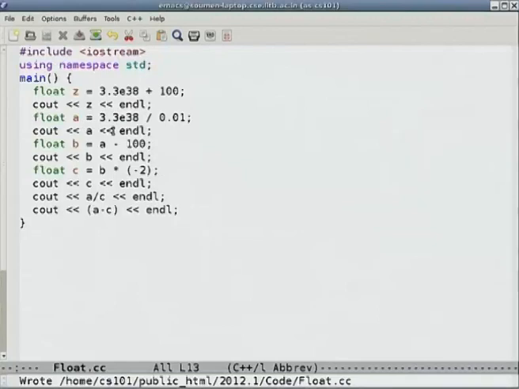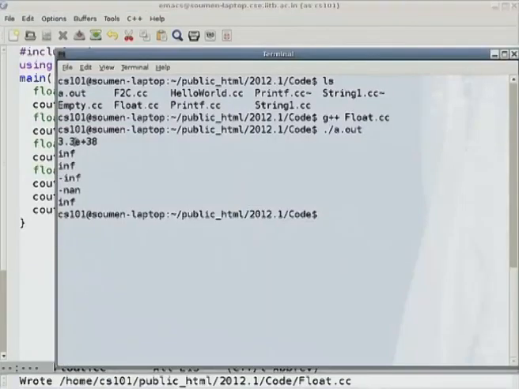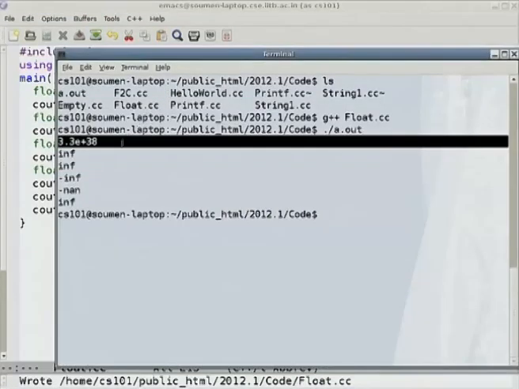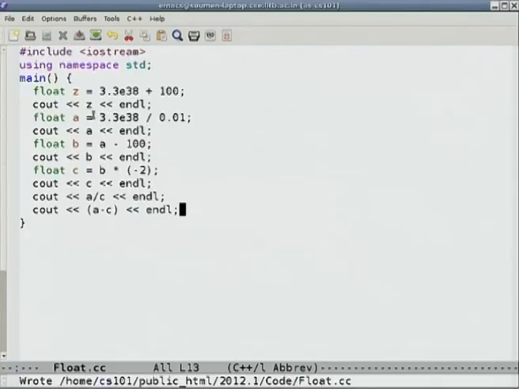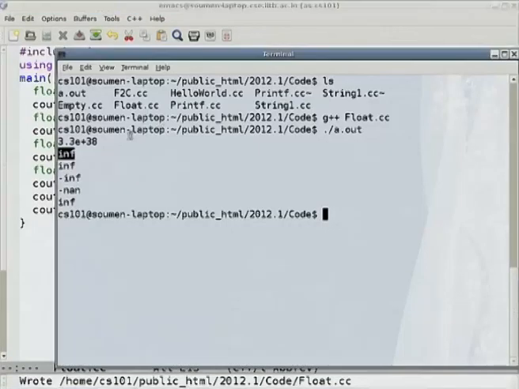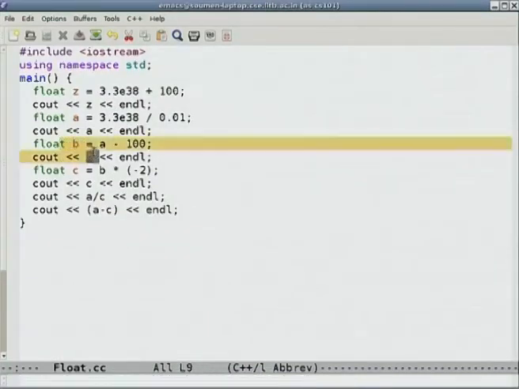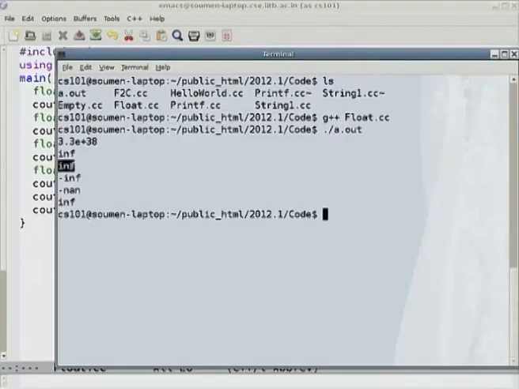So in the first case, I print out Z, which is the same as the first value here. So the 100 dropped off. 100 was nowhere to be seen. In the second case, I divide that large value by a small number and that overflows to infinity. In the third case, I subtract 100 from infinity and I still get infinity.